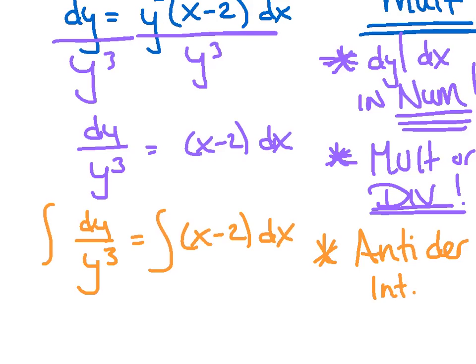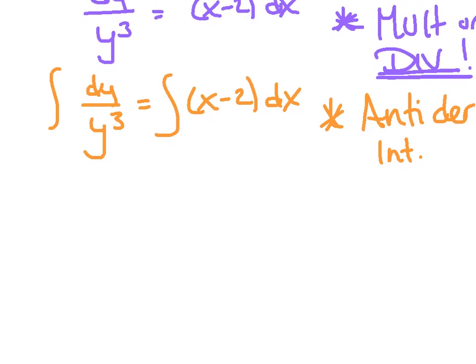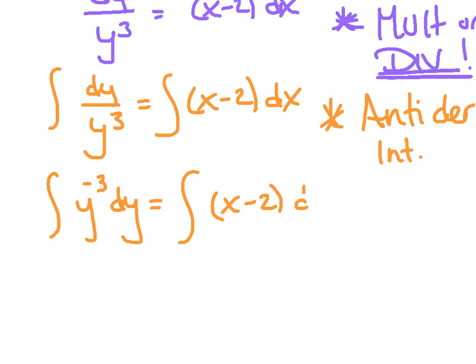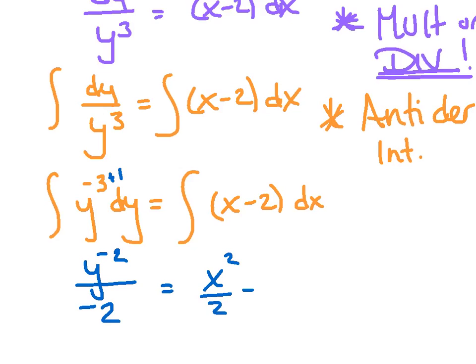Now, there is no quotient rule for integrating, so the smartest thing to do is just rewrite this. If your y cubed is on the bottom, simply bring it up by making a negative exponent. Now we'll quickly integrate both sides. Remember, you're adding 1. We get y to the -2 divided by -2 equals x squared over 2 minus 2x plus c.